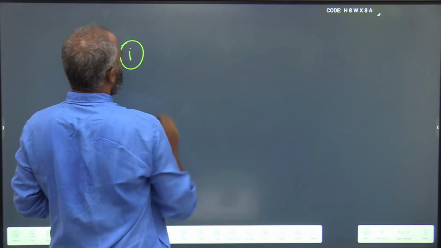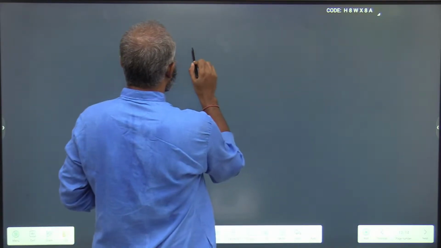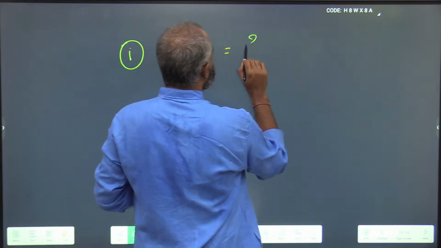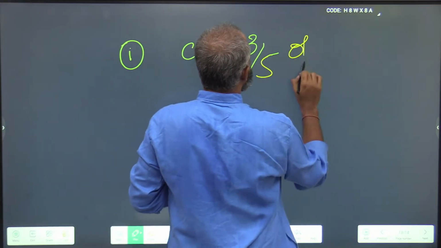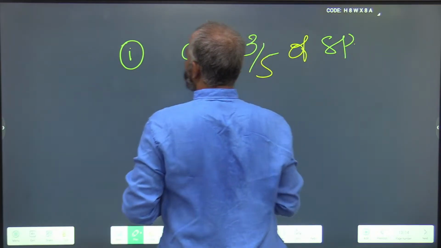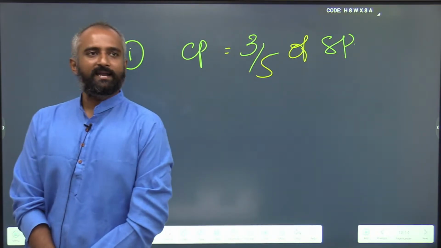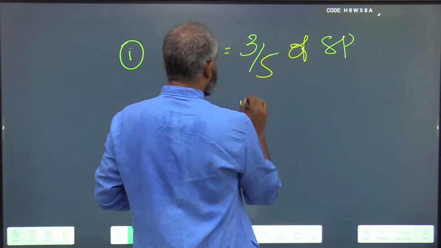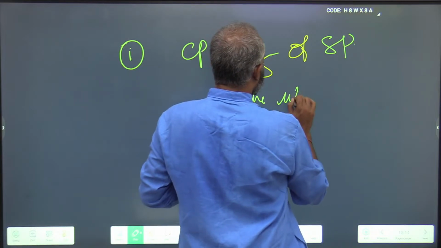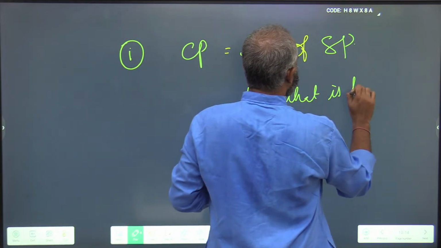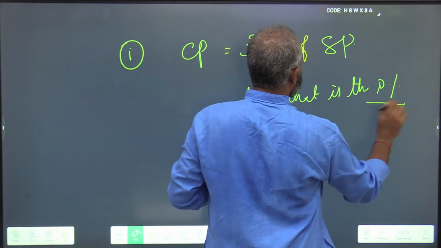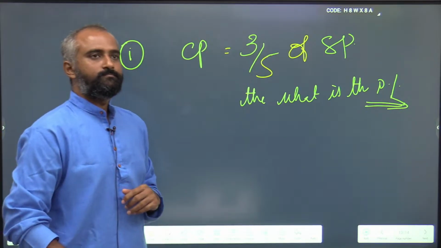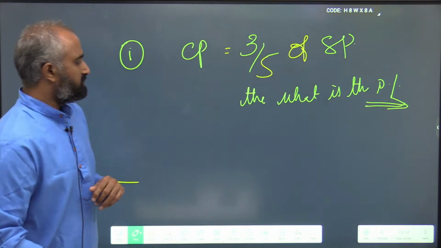First, if the cost price of an article is 3/5 of its selling price, then what is the profit percentage?